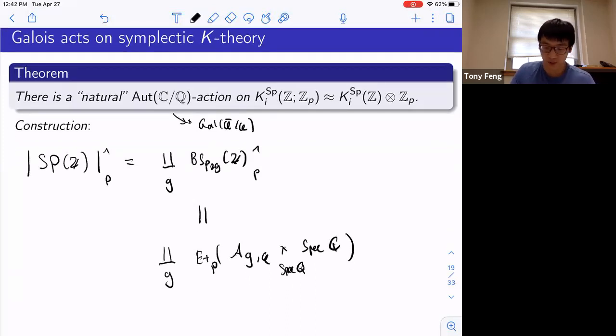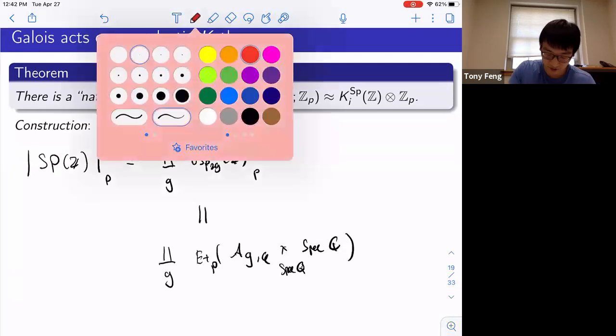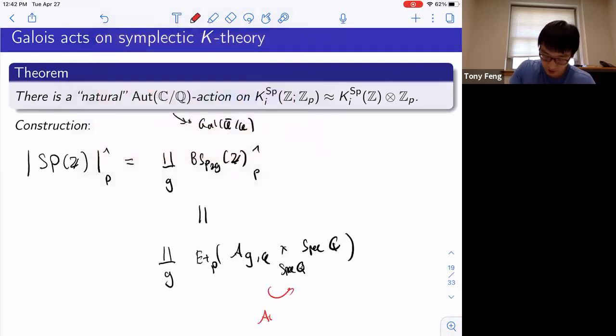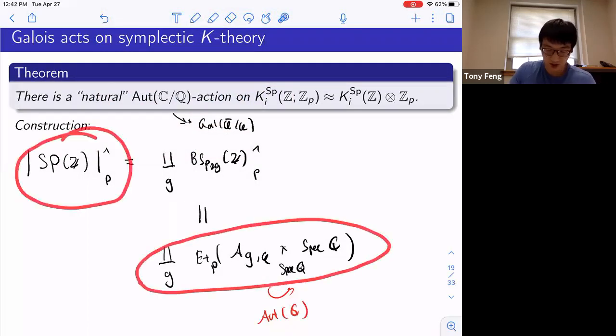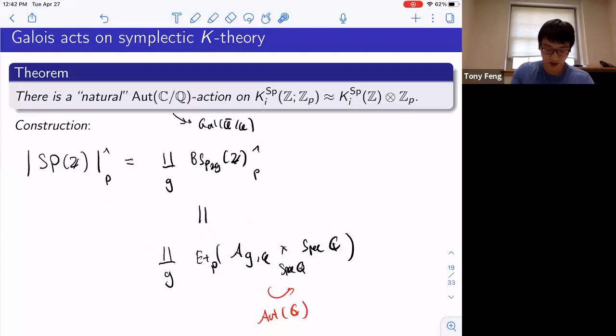Here there's an evident action of the automorphisms of the complex numbers. So there's an action on this thing, and then you produce K-theory by some functorial construction from it, so there's an action on the K-theory. Let me leave the sketch at that.